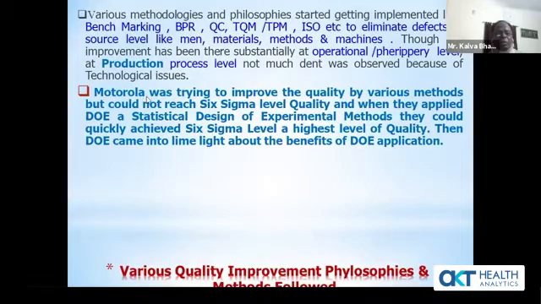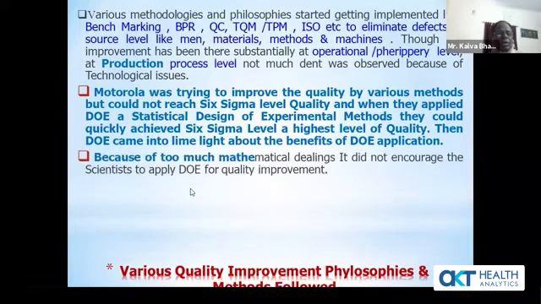Motorola was trying to improve the quality by various methods, but could not reach the Six Sigma level quality. And when they applied DOE, statistical design of experimental methods, they could quickly achieve the Six Sigma level, the highest level of quality. Then DOE came into limelight about the benefits of DOE. DOE means design of experimental methods, statistical designs.